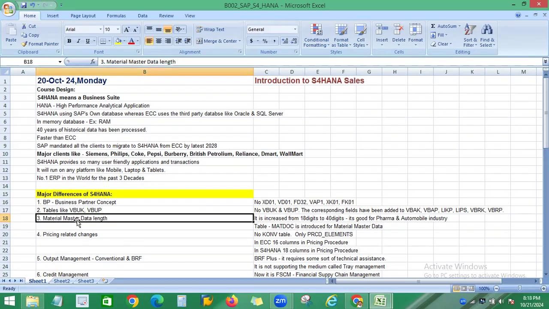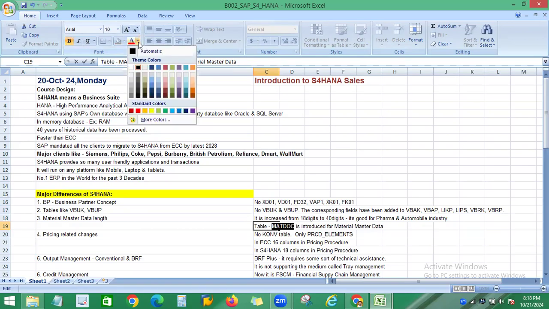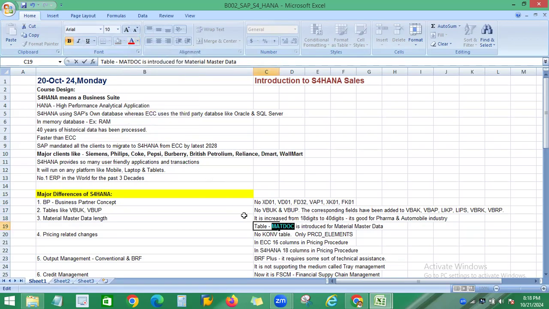Also, one more difference regarding the material master data is that one more table is introduced in SAP S/4HANA, the MATDOC table. In that table, all the information regarding material is available.